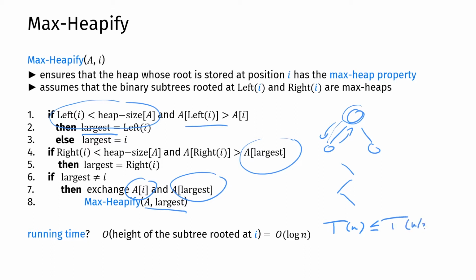So I get T of n over 2 plus O of 1 here. And using the master theorem or your favorite way of solving recurrences, this again gives me O of log n. So Max-Heapify takes O of log n time.